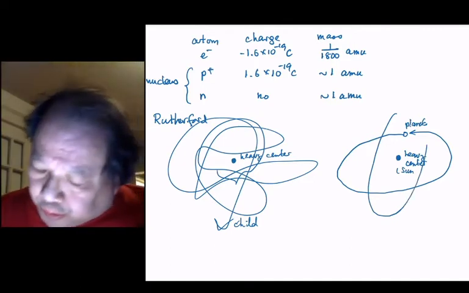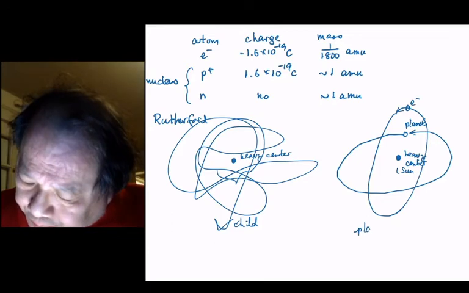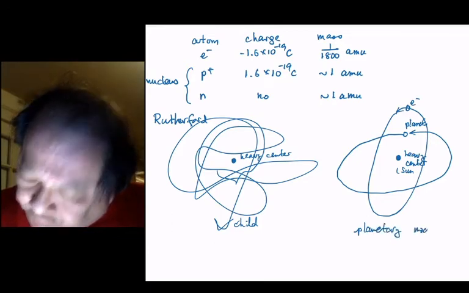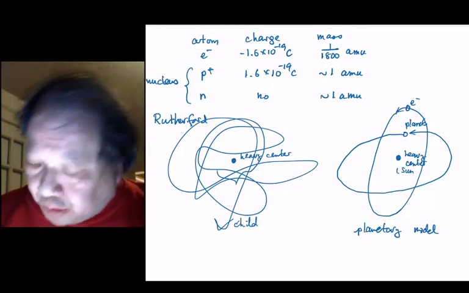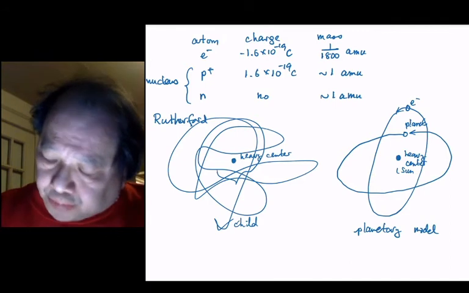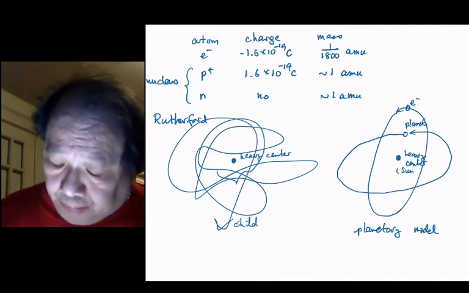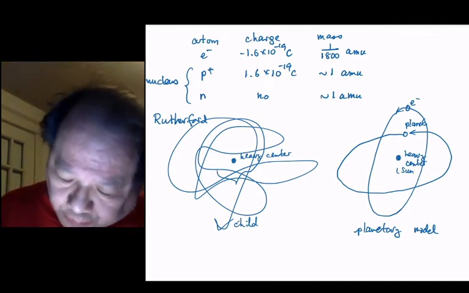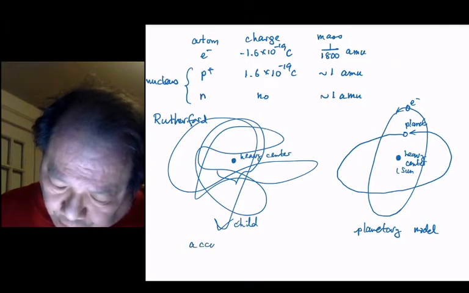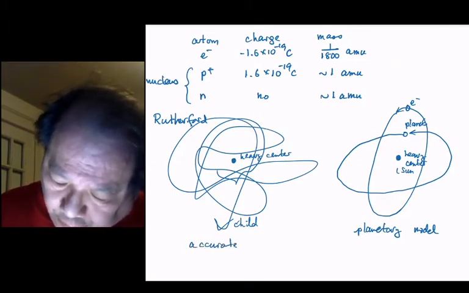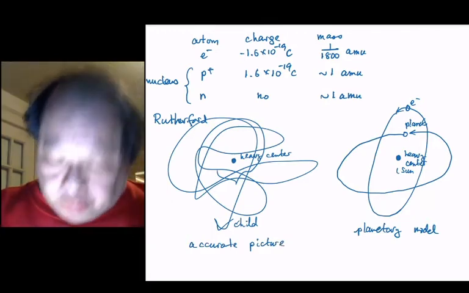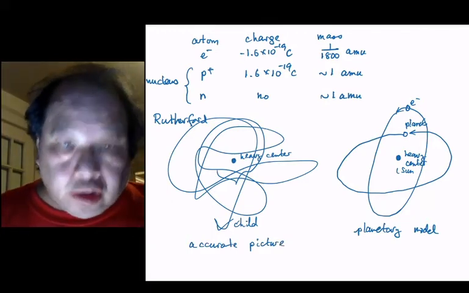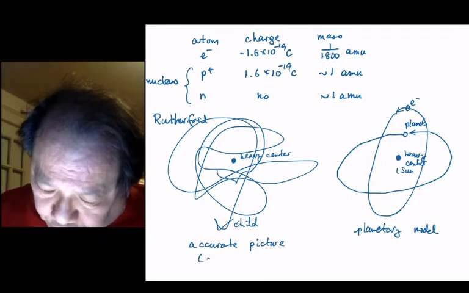This is the Planetary Model. And for a long time, because I guess we liked order, there were some reasons to believe in the Planetary Model. But it turns out a more accurate picture, a more modern picture, is this one, where the electrons move around like crazy, following their own laws of quantum mechanics in things called orbitals.